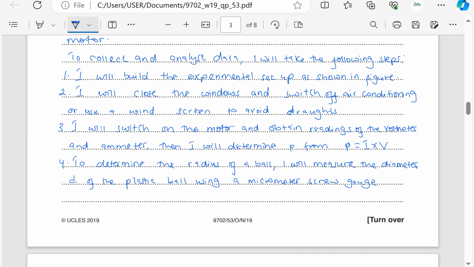Of course, you could also use a digital vernier caliper. It should be digital because it will have a better precision than a normal vernier caliper. So I'll measure the diameter D of the plastic ball using a micrometer screw gauge or a digital vernier caliper. Here I'm giving you several options because I'm not doing an exam, but in an exam you may not have that time to write alternatives.